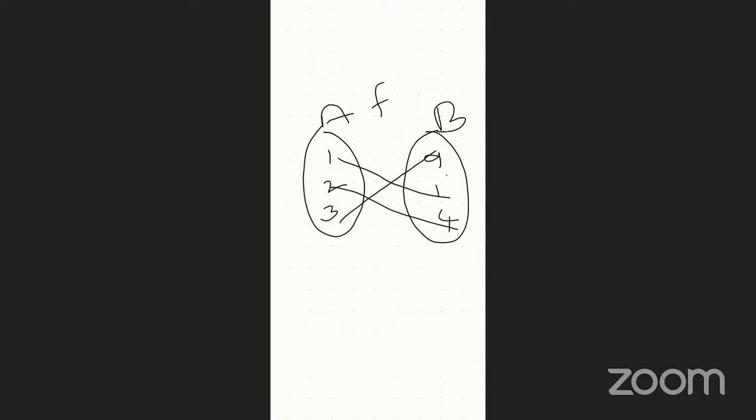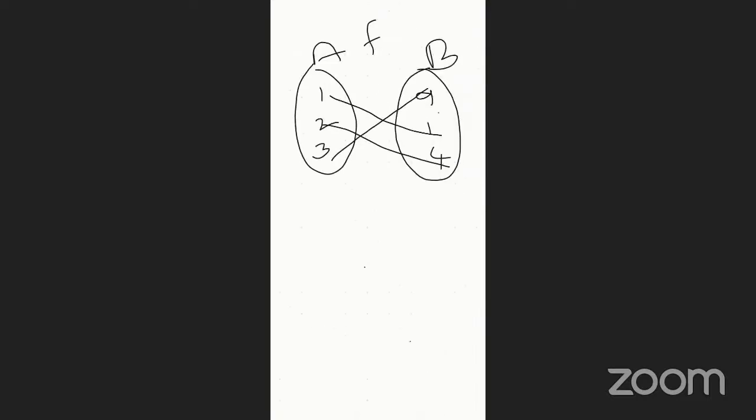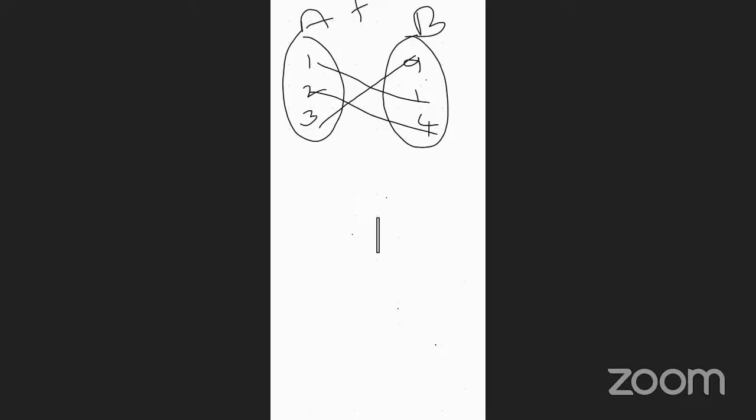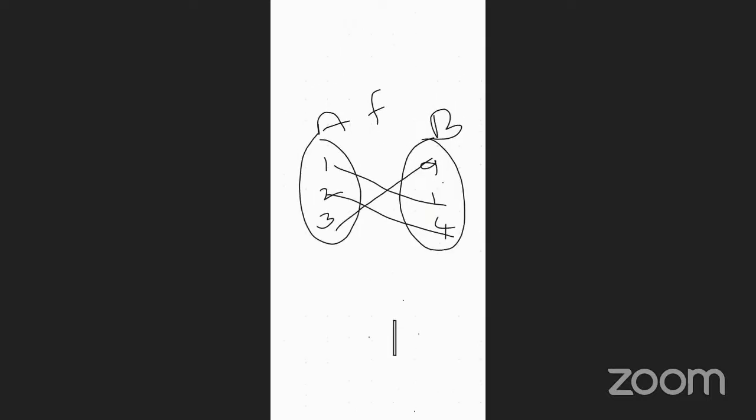Now what do you observe here from the two sets? 1 is mapping to 1, and 2 is mapping to 4, and 3 is mapping to 9.